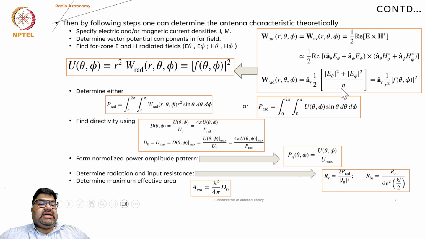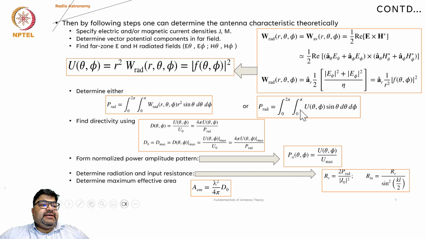For any other antenna, these are the terms which will survive. From there we can write U, which is R square W rad, and then we also determine P radiation, which is W rad integrated over the entire theta and phi. That's what we did for the Hertz dipole.